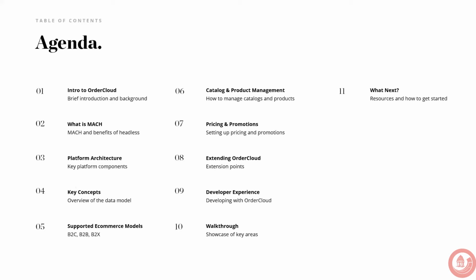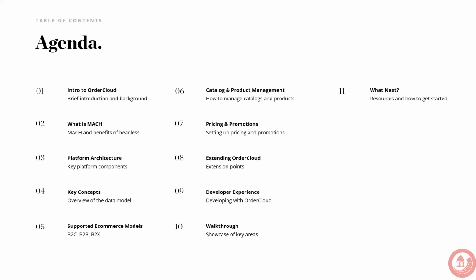Basically, I'm going to touch on a brief introduction and background of OrderCloud, look at what MACH platforms are, what MACH stands for. And then we're going to look at the platform architecture of OrderCloud, go through some key concepts and building blocks, and then look at the various e-commerce models that the platform supports.